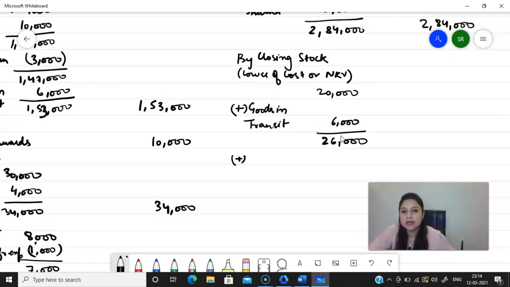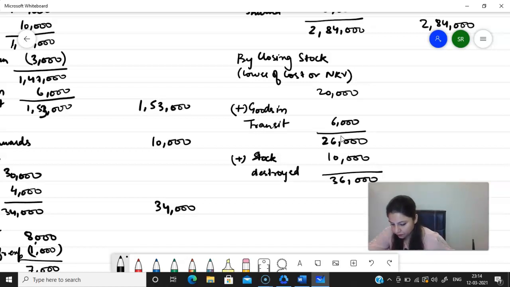And in order to bring the correct gross profit or the gross loss, we have to first record such goods that have been destroyed in fire and add them back to the closing stock, because we will be accounting for the same and treating such expenses in the profit and loss account. So for the time being here, in order to determine the correct gross profit, we will be adding back the stock that has been destroyed. So this amounts to 36,000 and putting the same here.